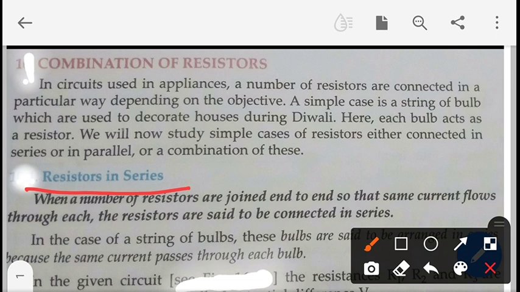In this combination, we connect the resistors end to end like this, and the same current flows through both the resistors. So you can say when two or more resistors are connected end to end in such a way that the same current flows through both, then they are said to be connected in series combination.